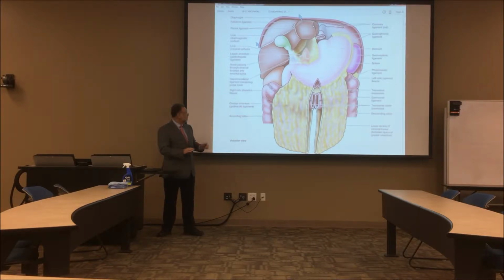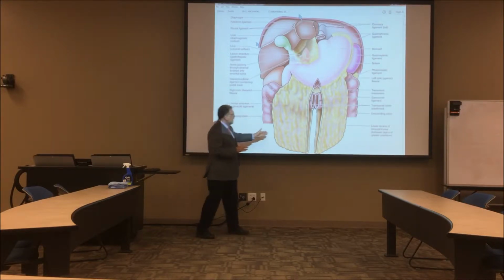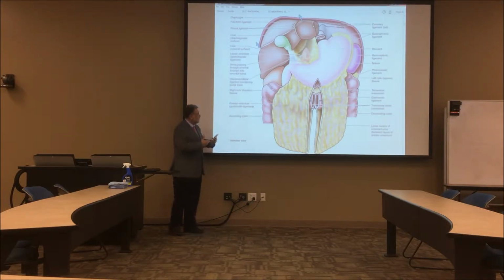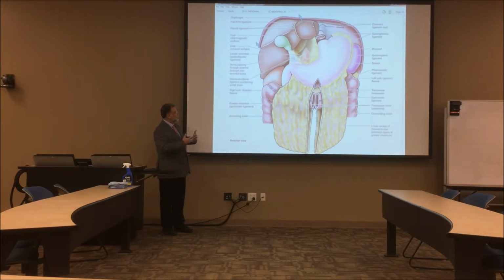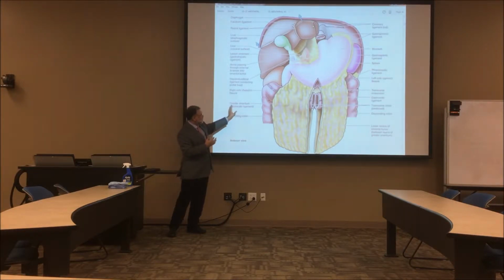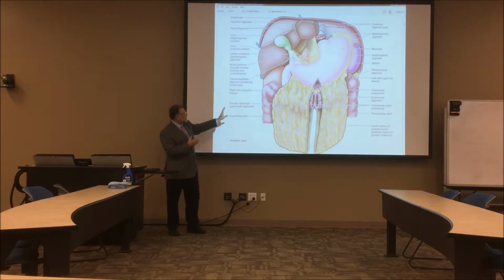The omentum, which is this part of tissue that covers the front part of the abdominal cavity and makes a boundary with the posterior aspect of that abdominal wall, is going to be of importance as a reference.